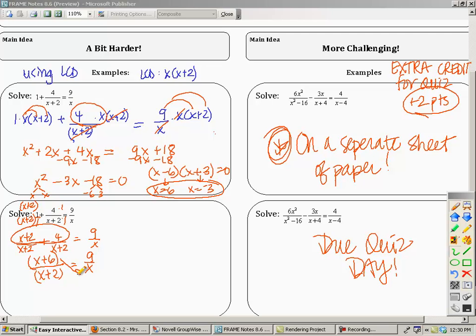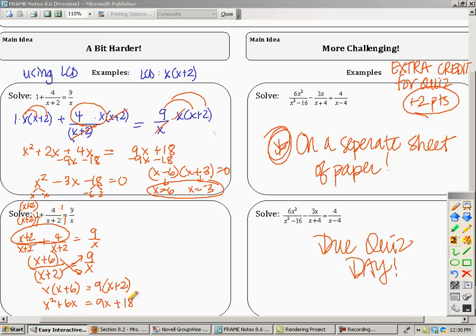Now I can cross multiply. So if I cross multiply, I get x times x plus 6 equals 9 times x plus 2. X squared plus 6x equals 9x plus 18. And guess what?